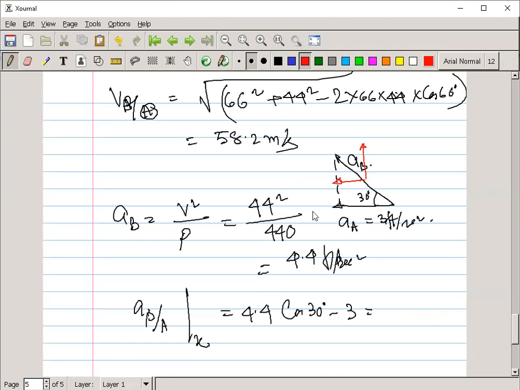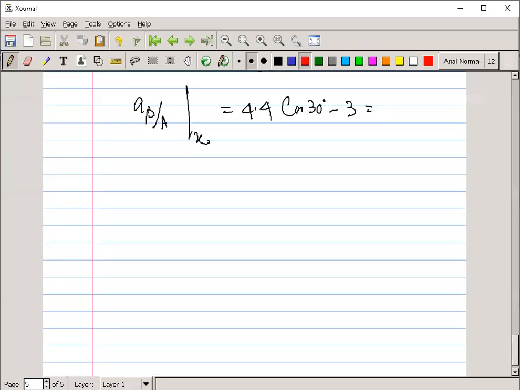And along y, if we are talking about relative acceleration, b by a along y, there is no acceleration from A along the y direction, so we only take this portion.